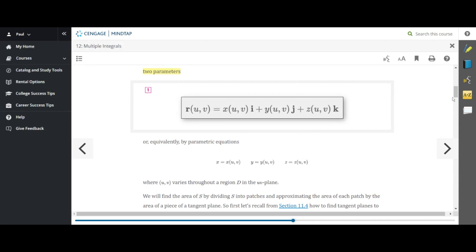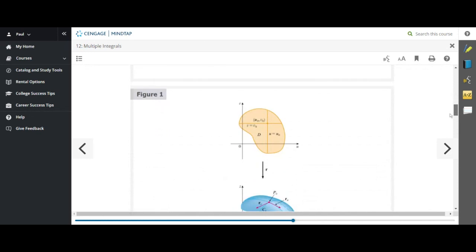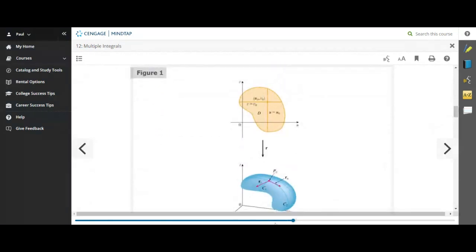The figure below here, in figure 1, shows the surface and those vectors r sub u and r sub v. Those are the tangent vectors to a point on the surface.